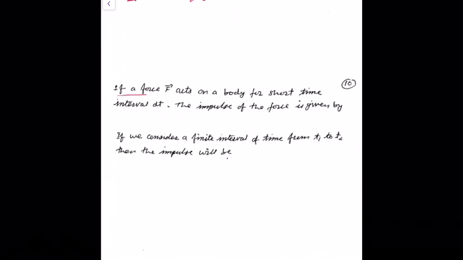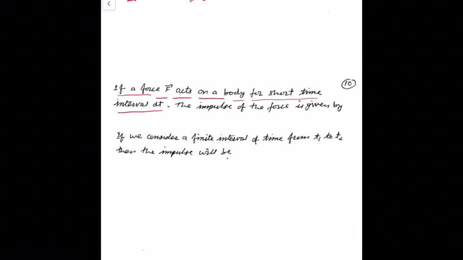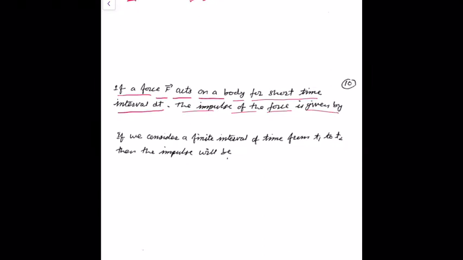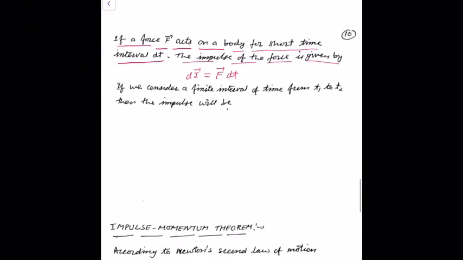If a force F vector acts on a body for short time interval dt, the impulse of the force is given by dI vector is equal to F vector into dt.